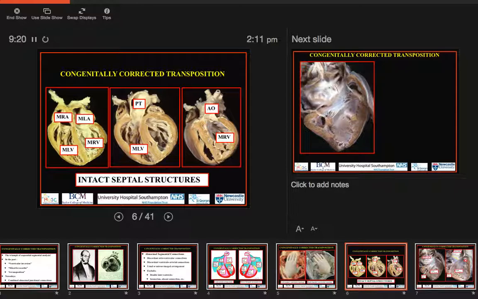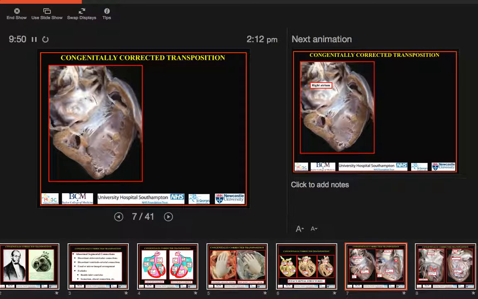And there are reported cases of 90-year-old individuals surviving with congenitally corrected transposition, but usually that is not the case, because even in the setting of intact septal structures, there are other associated lesions that distort the segmental pattern and point towards a bad prognosis. So we understand it from the anatomy, and here is another case, as I recall, with intact septal structures.